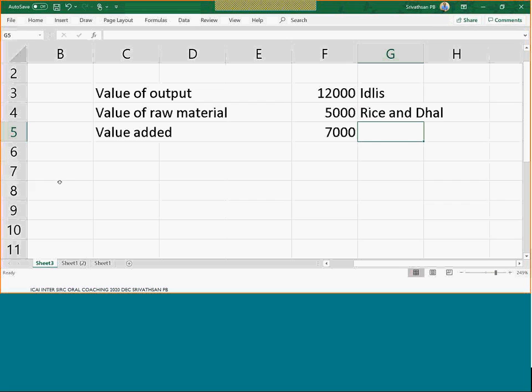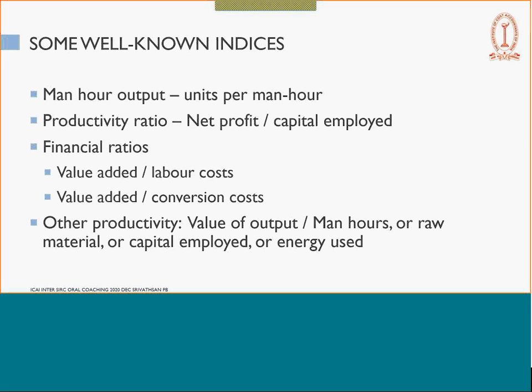My rice and dal cost me 5,000. So my value addition process, with that raw material, created additional value of 7,000 rupees. So this is value added. In simple terms, I can do purely labor value added, or all the conversion costs. Again, productivity is value of output divided by value of input.